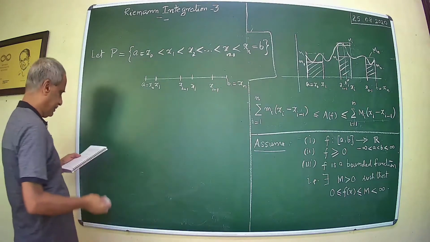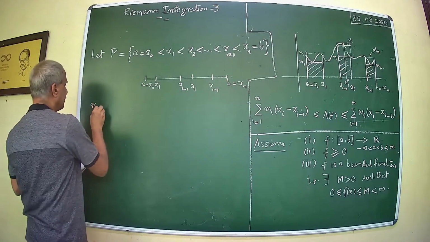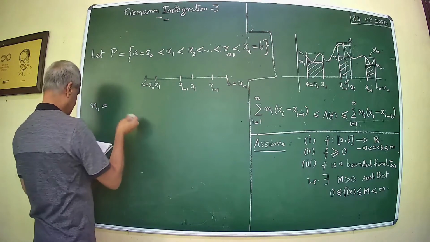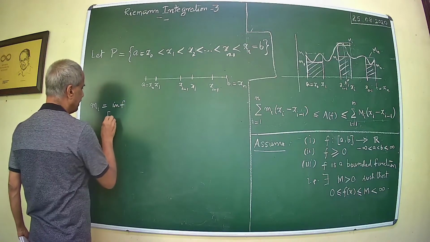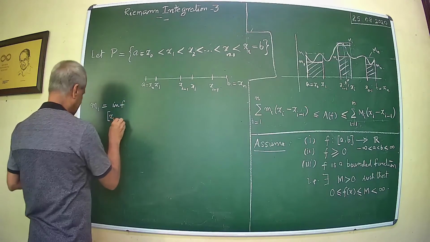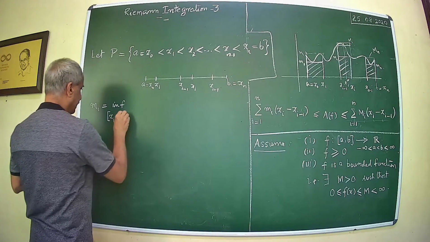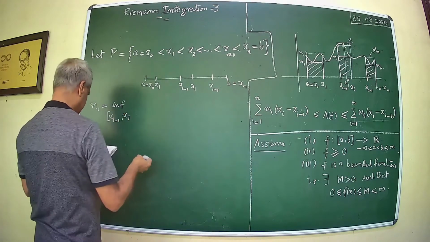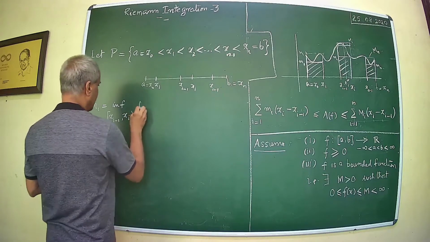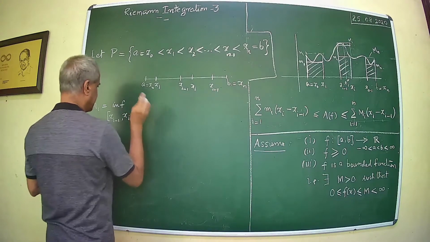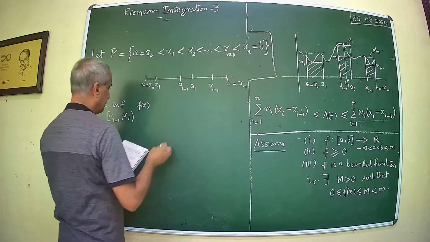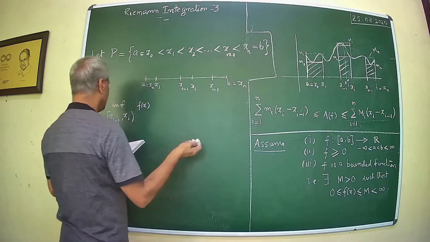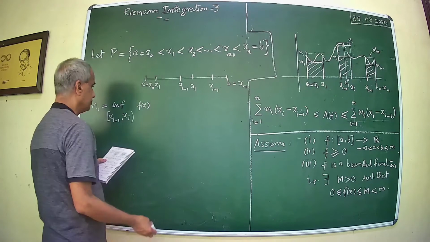Now I define small mi to be equal to the infimum over the interval xi minus 1 to xi of f of x, for i equal to 1 to n.